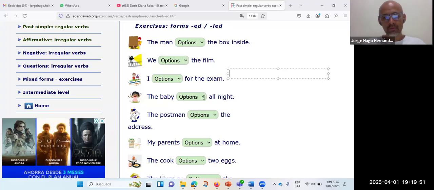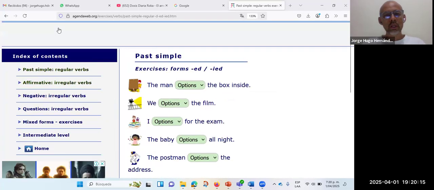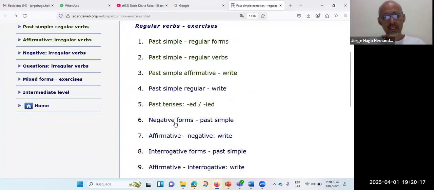And the last one, cry. Y, and before the Y there is a consonant, so we have to change, okay? And that's all. Okay, very easy. So now we are going to do another exercise.